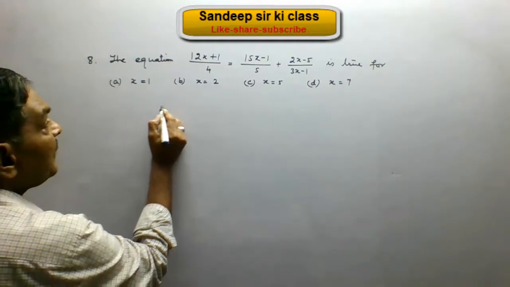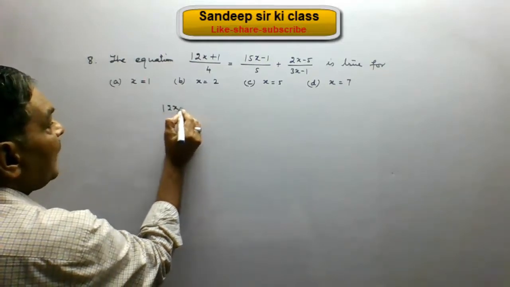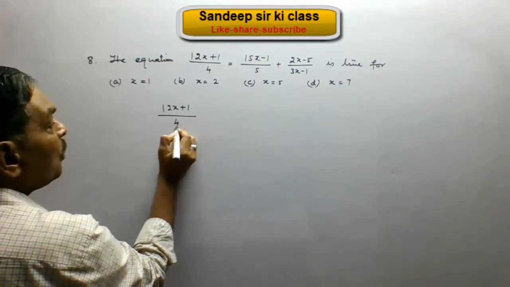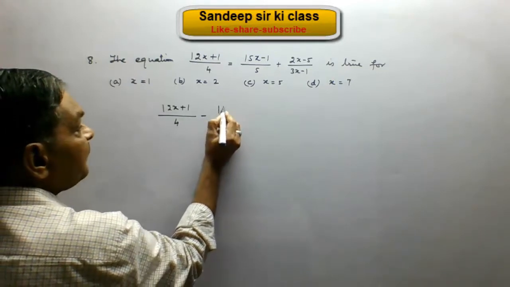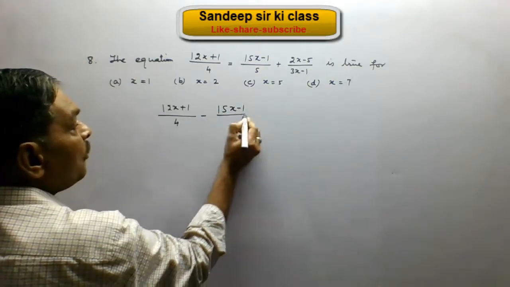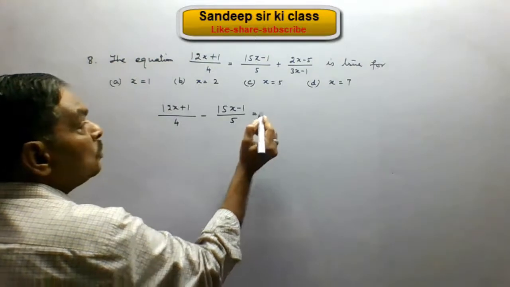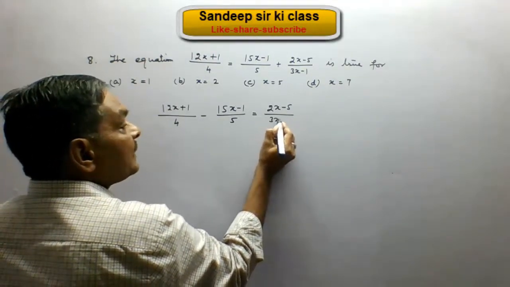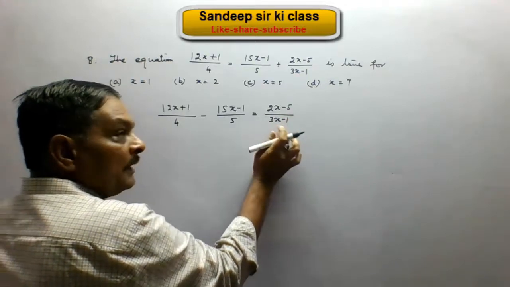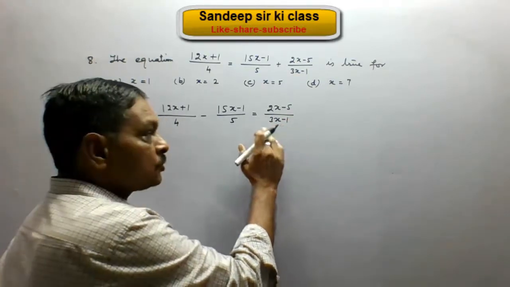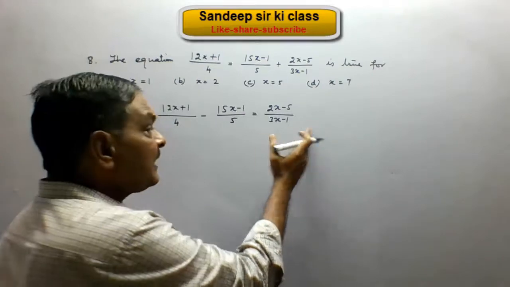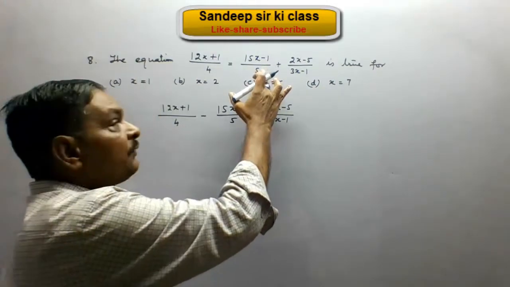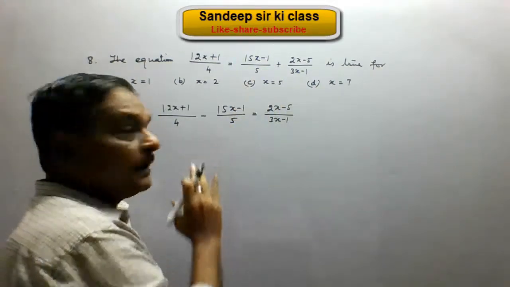So the equation becomes 12x plus 1 upon 4 minus 15x minus 1 upon 5 equal to 2x minus 5 upon 3x minus 1. Here the denominator is having x, so this we have kept on right hand side. Here the denominator is 5, so we have brought this term here.